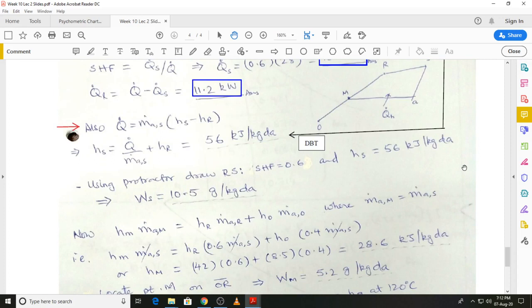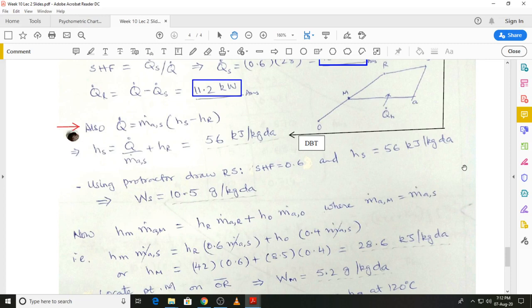Once we have got the specific enthalpy at state S, we need some other piece of information that will help us locate state S on the psychrometric chart. And if you look at the data given to us, the sensible heat factor can quite conveniently be used for that purpose.